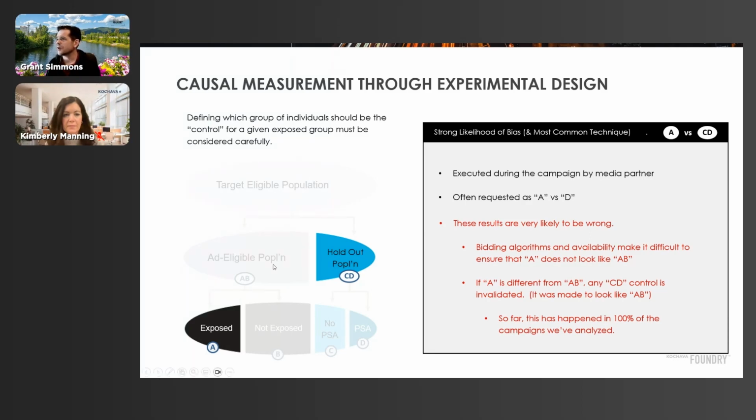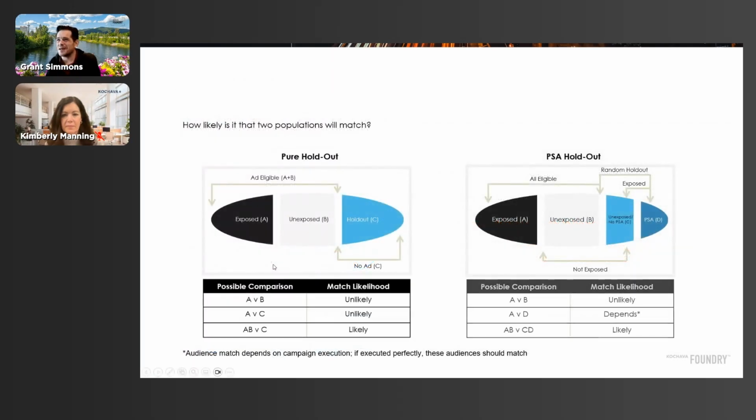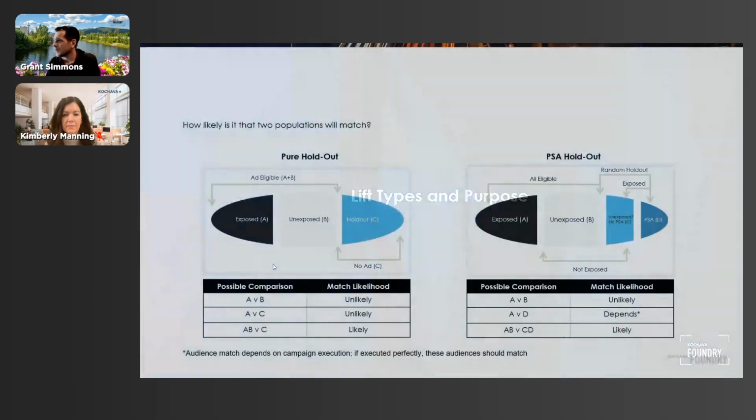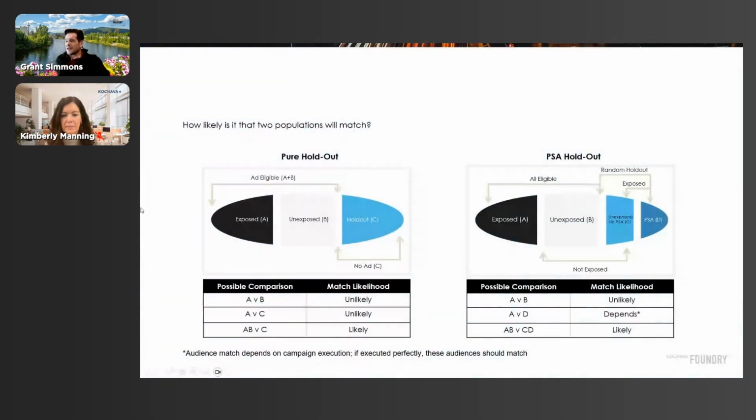And so if we break this down into what can and can't be compared within holdouts, we can ask the question, how likely is it the two populations will match? If we think about just a pure holdout, we have an overall ad target population, some of whom we're going to reach, some of whom we're not, versus a holdout.